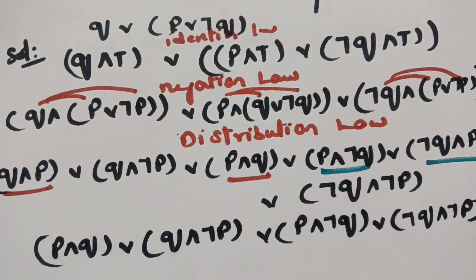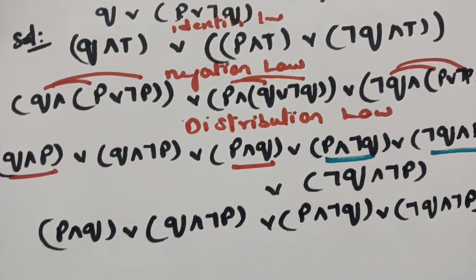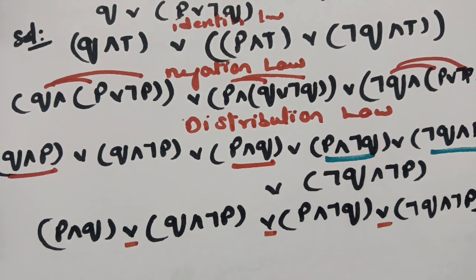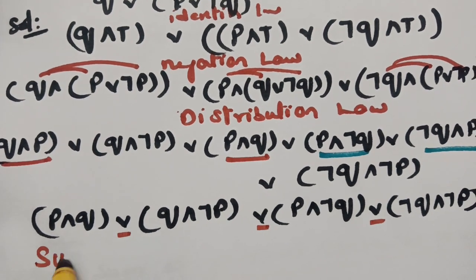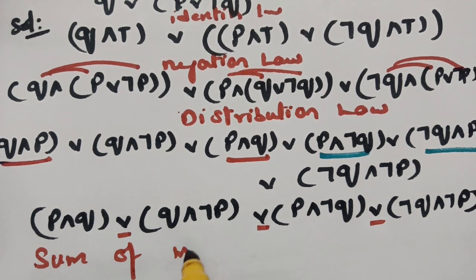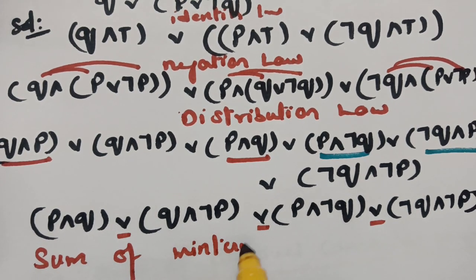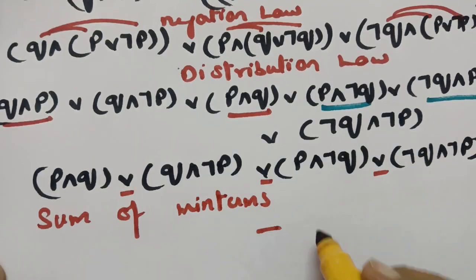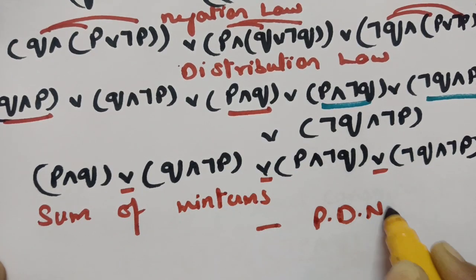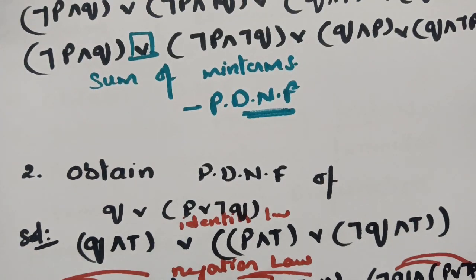So here also if you observe, this is a sum of minterms, which is nothing but principal disjunctive normal form. Is it not easy? First of all, we have to eliminate this one.